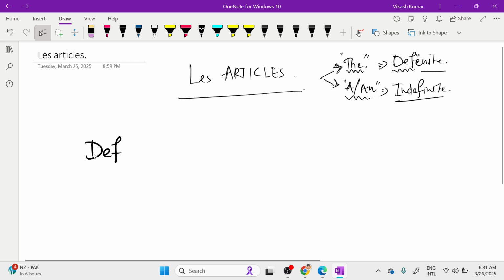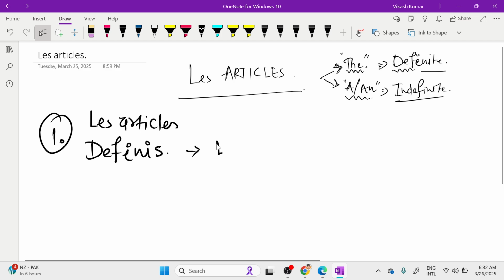So in French, we say les articles définis. This is the first thing. Les articles définis, and they are basically le, la, l apostrophe, and les.